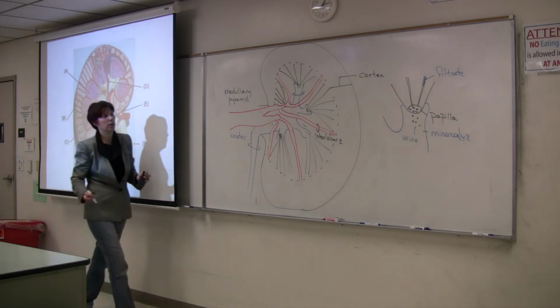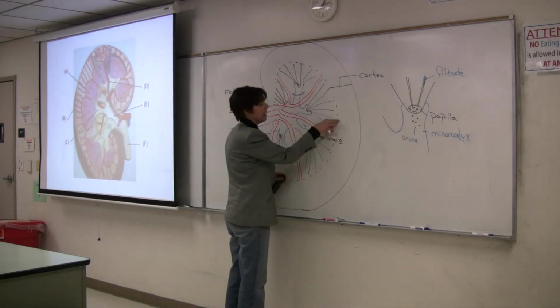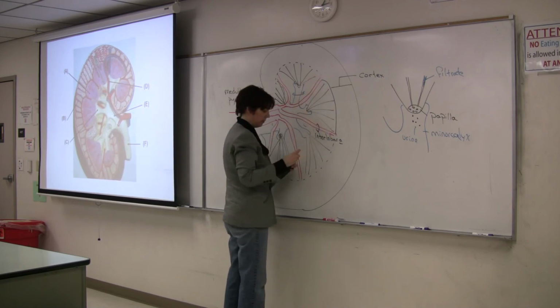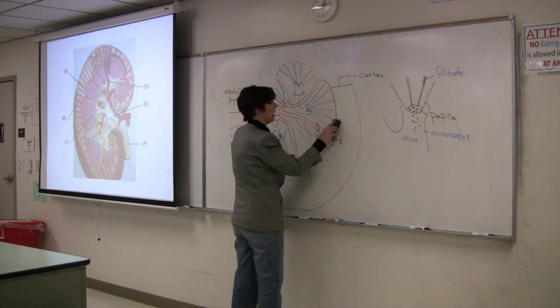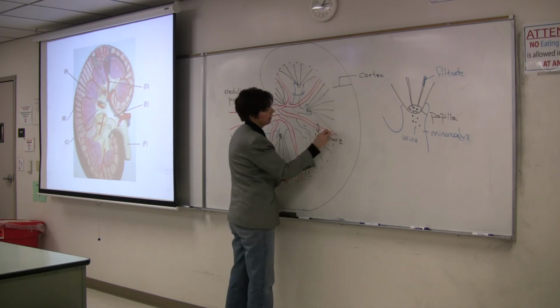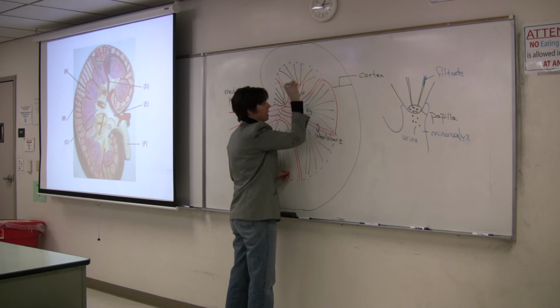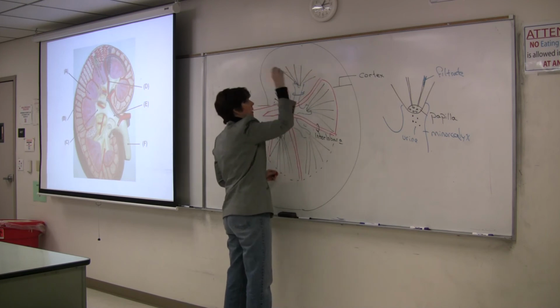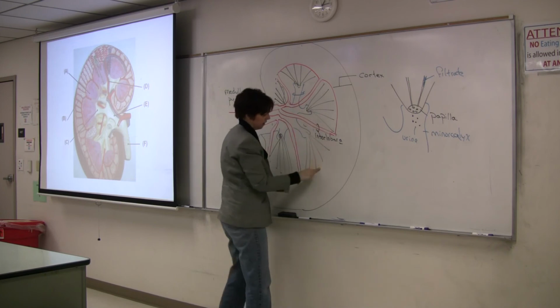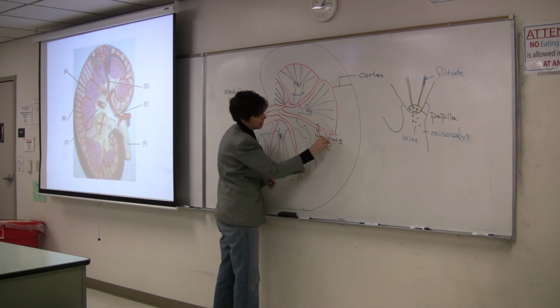Then each interlobar artery is connected where the medulla and the cortex change. So at the base of each pyramid, the interlobar arteries are connected.